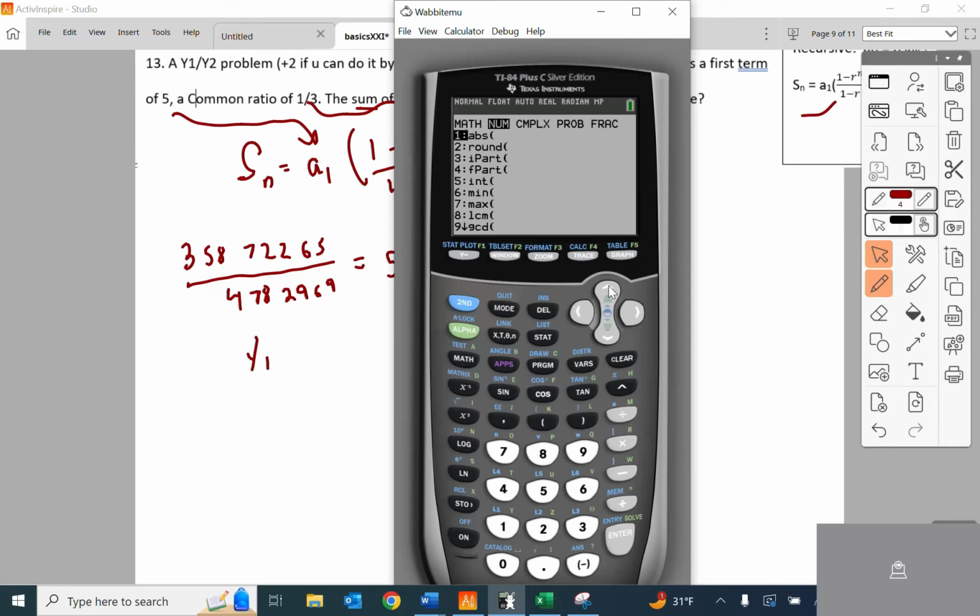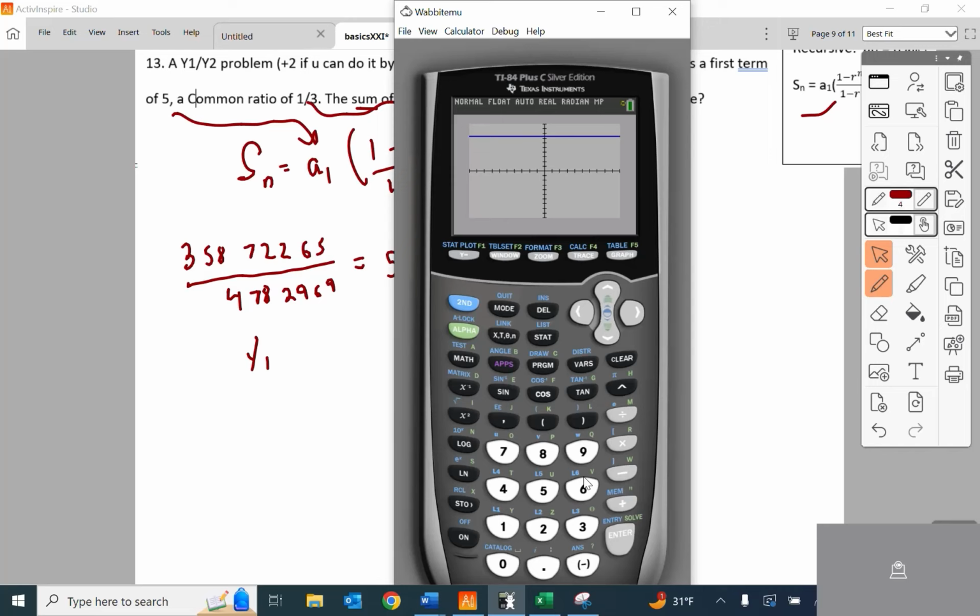I wish I could get you to try. The ratio was a third. And if I don't know what 1 minus a third is, the TI-84 can do it. And then I zoom 6. I'm going to have to play with the window. Or maybe not. No, I'm not, because the sum is pretty small.